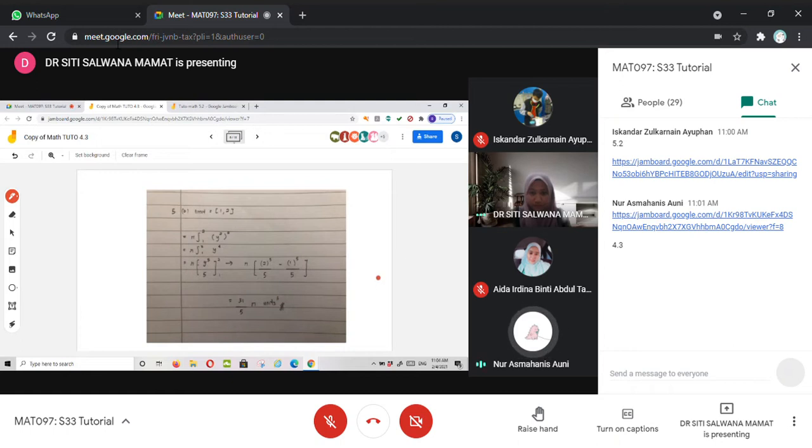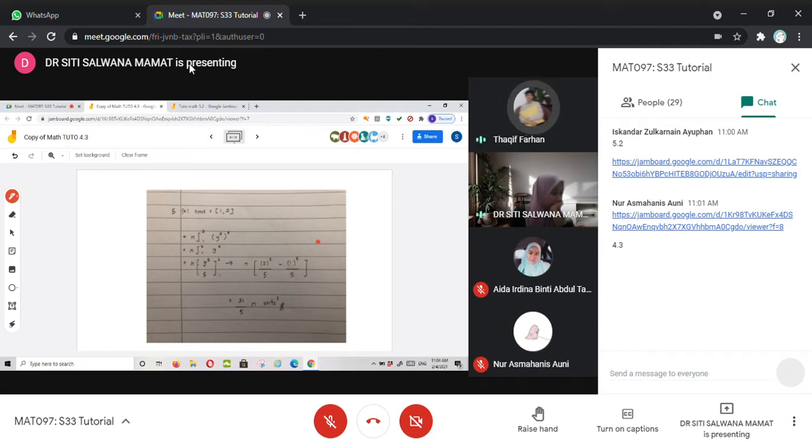Okay, this is 5B. So based on the graph, we can see the R is y squared. So our limits is 1 and 2. So the general formula is pi integral from 1 to 2 of R squared dy. Our R is y squared.